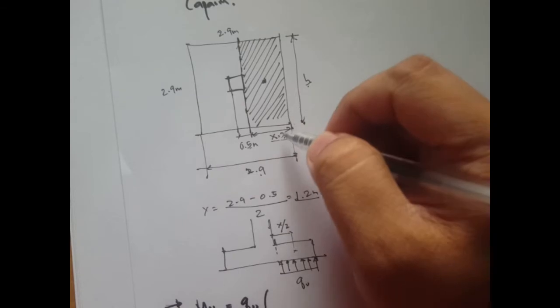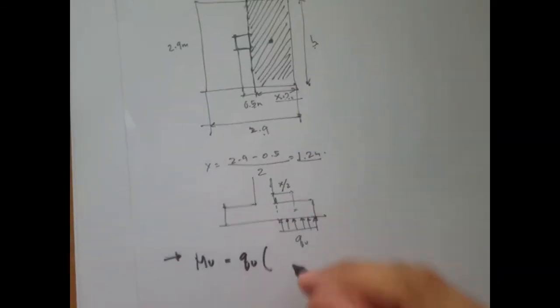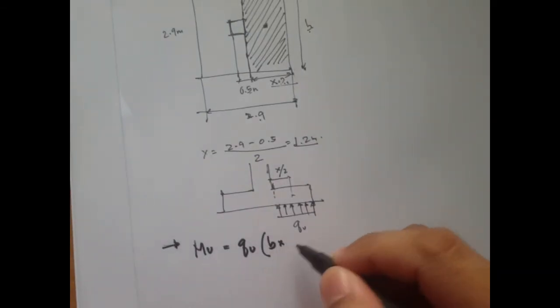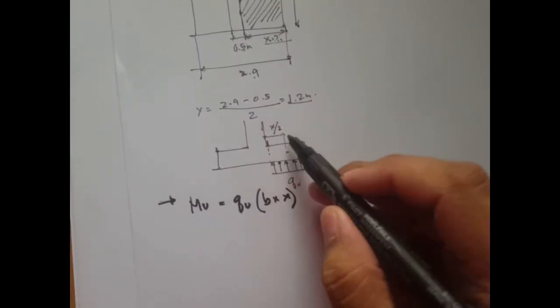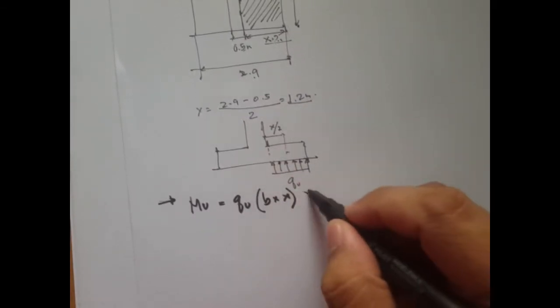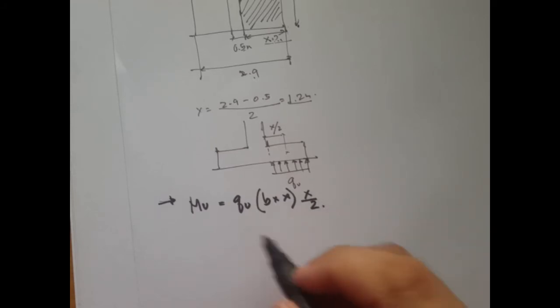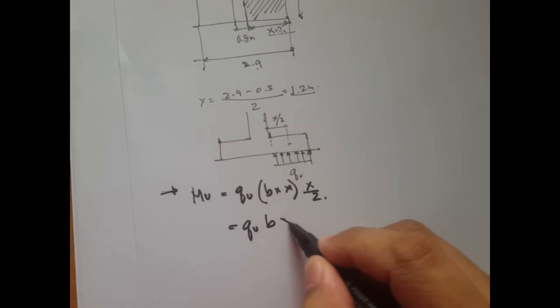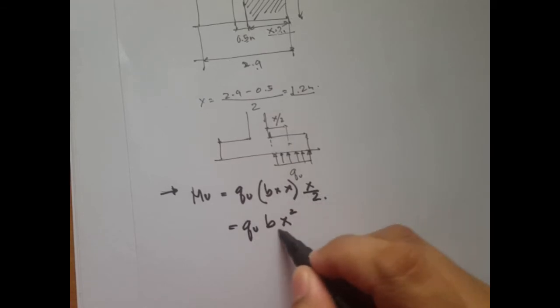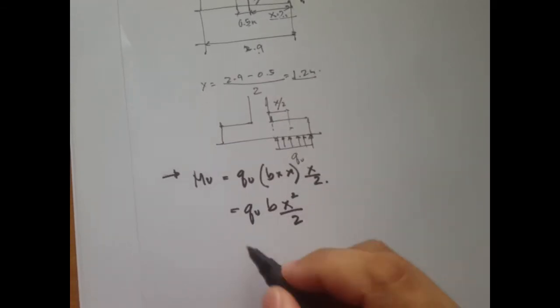Then times the moment arm, which is x over 2. Okay, so we can simplify this into b times x squared, so x times x, that's x squared, all over 2.